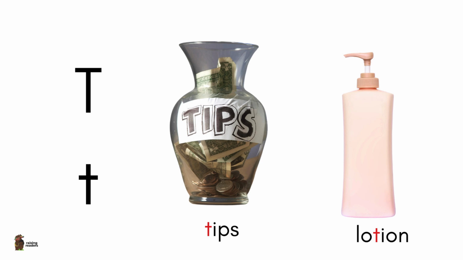So T can say sh next to an I, and then the C and then the S, they can all say sh. But we get to learn that, and then we get to learn when to use it later.